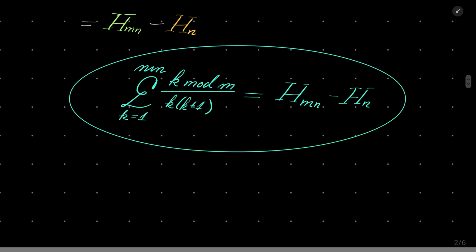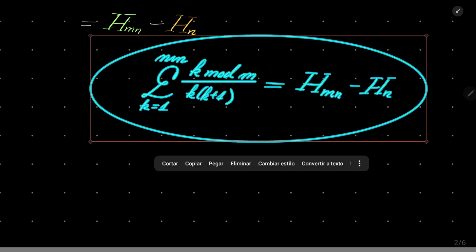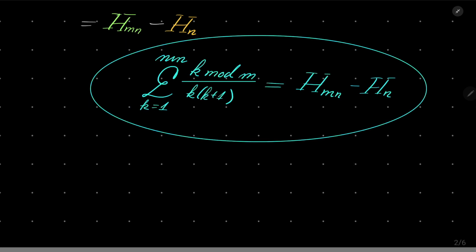But the second part is quite easy, because now we want to find the limiting value as n goes to infinity. So now we just take limit as n goes to infinity of H_mn minus H_n.